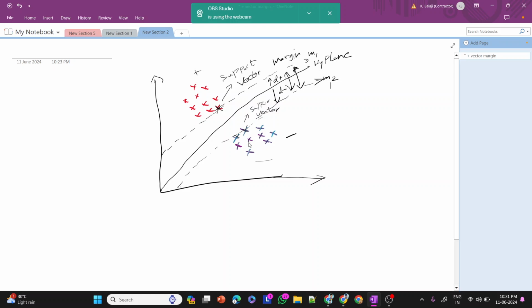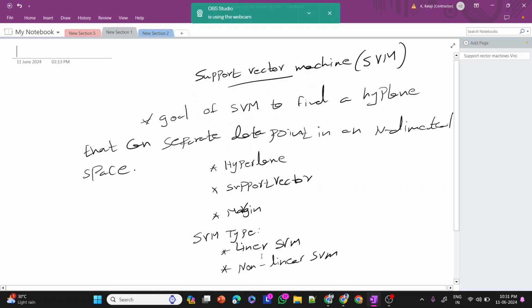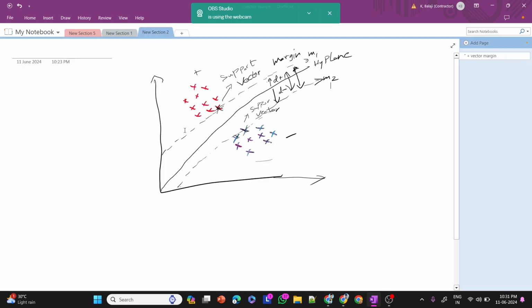And there are another two types in SVM: linear SVM and non-linear SVM. These points are separated by a hyperplane, and this hyperplane is in a linear form.